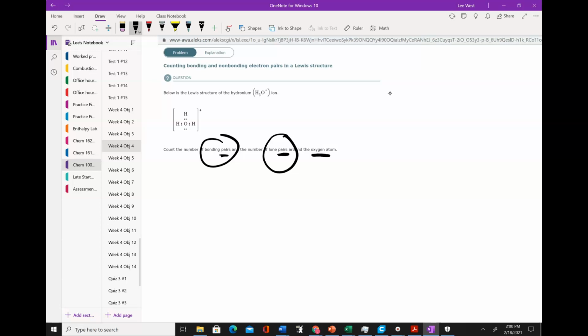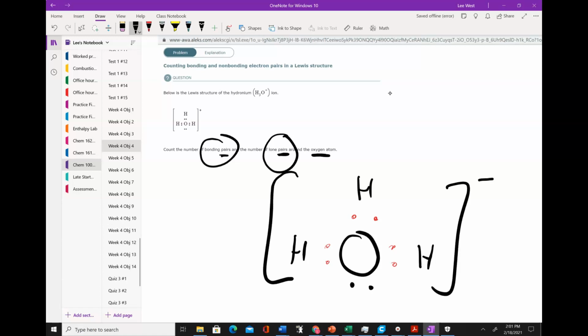So bonding pairs are those that are shared, and in the case of the oxygen here, we've got 3 that are shared between the oxygen atom and the 3 hydrogen atoms. And then we have 2 electrons, but 1 lone pair, that are not shared, that are just residing exclusively on the oxygen atom.